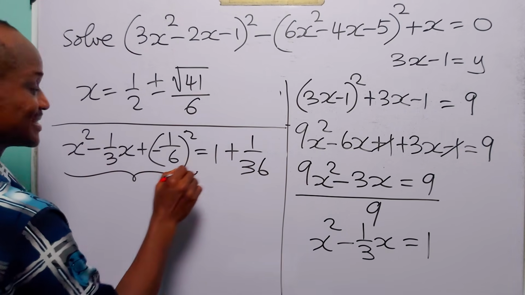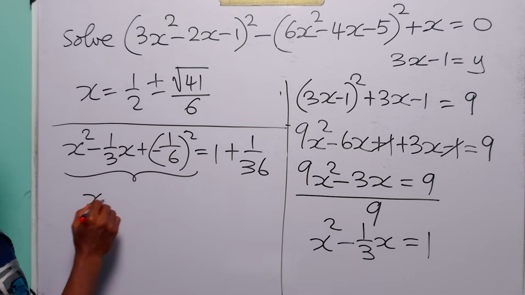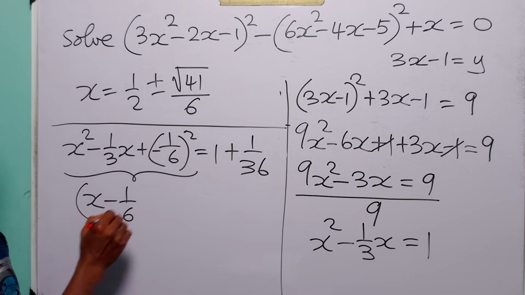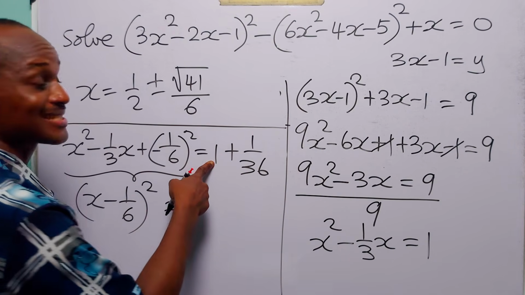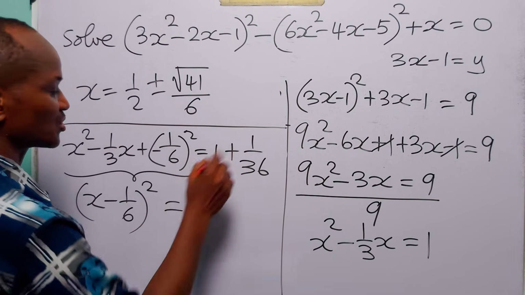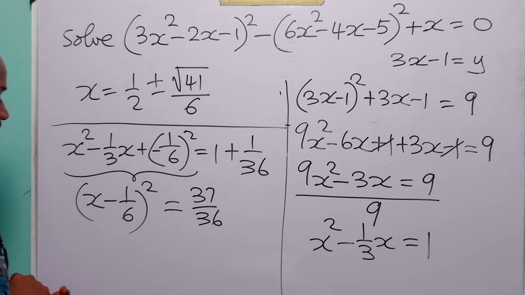Now, of course, this is a perfect square. So we take x and we take minus 1 over 6 and we square. And this is equal to 36 times 1 is 36 plus 1, 37 over 36.